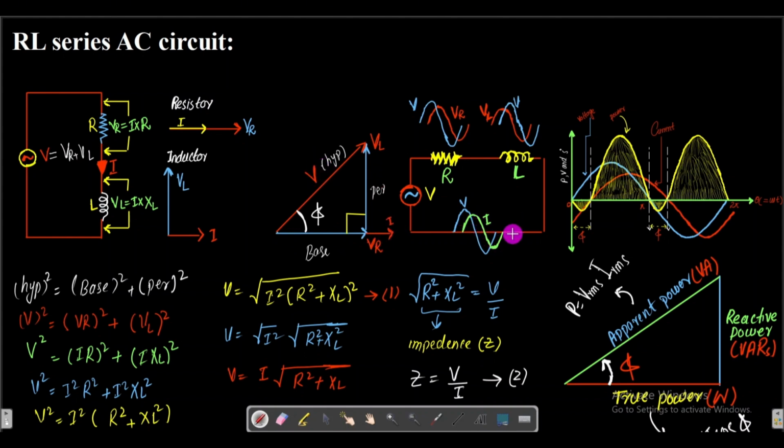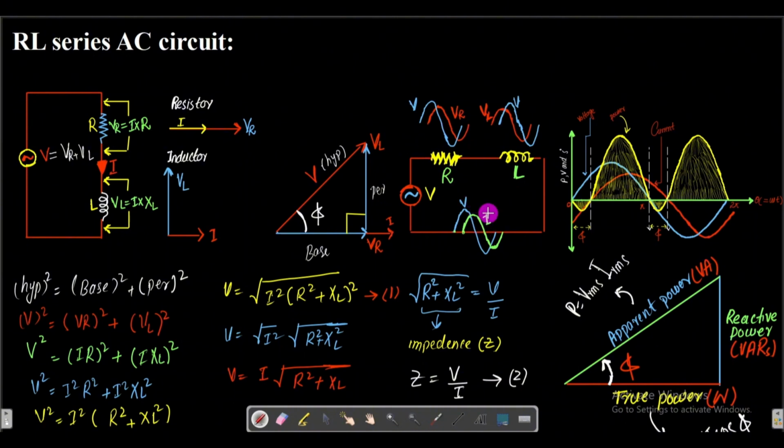Here I have drawn the graph for that. This voltage starts from here, and this current is lagging from that by the angle phi, which is given by tan phi, which is perpendicular by the base.